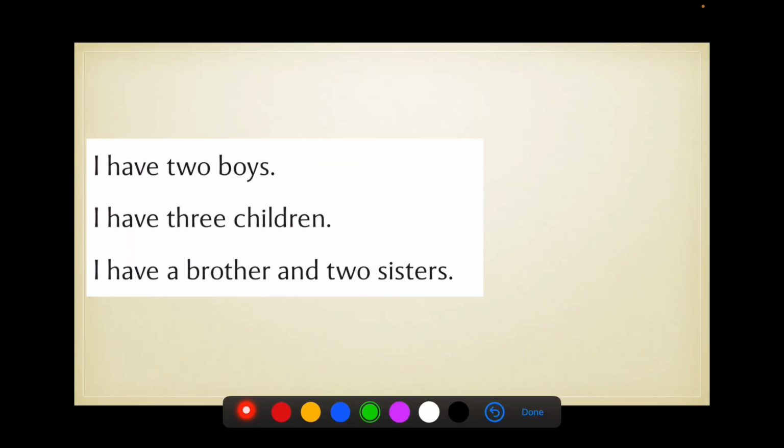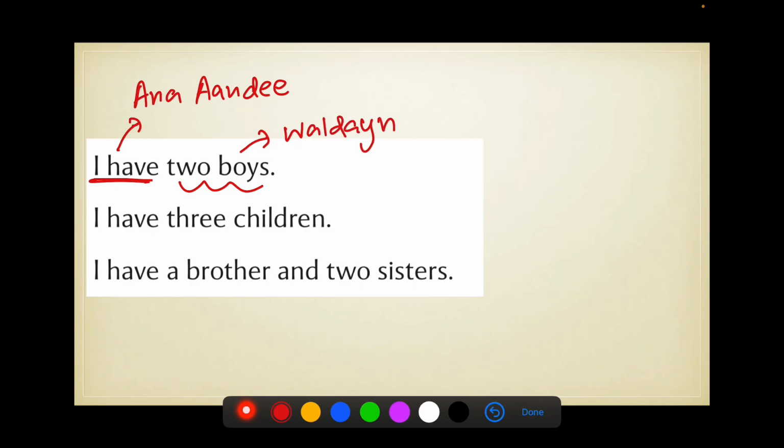Now, we will try these 3 sentences here and try to convert them into Arabic. I have 2 boys. I have is أنا عندي. Now for 2 boys, we'll write ولدان. So the whole sentence will be أنا عندي ولدان.